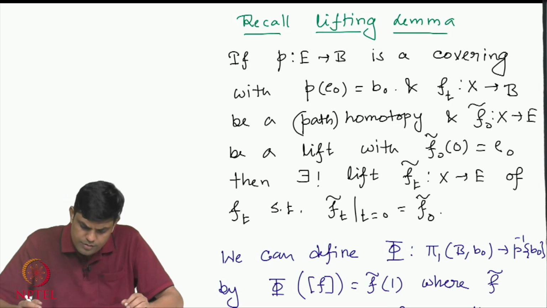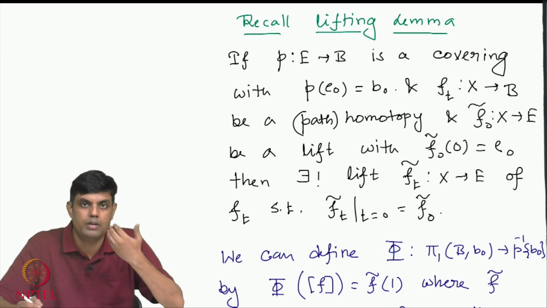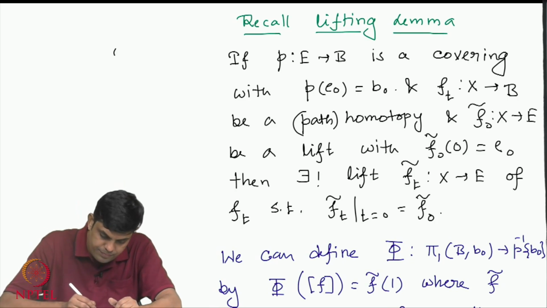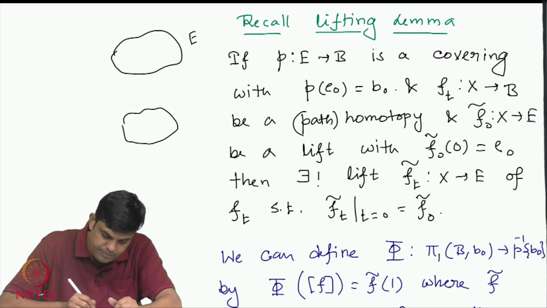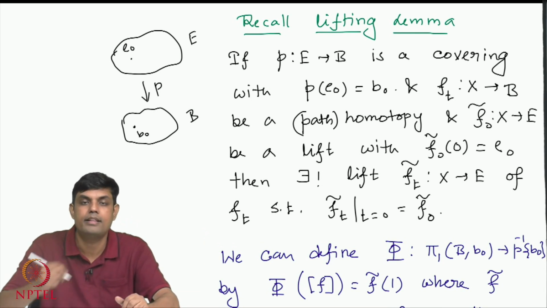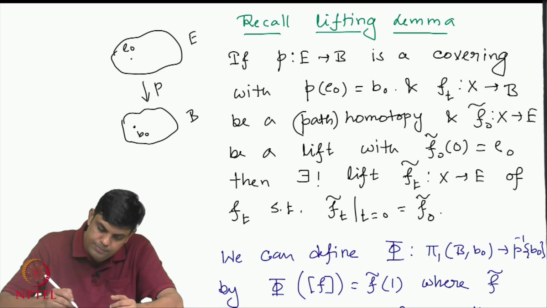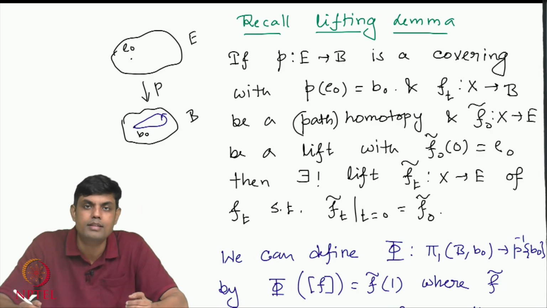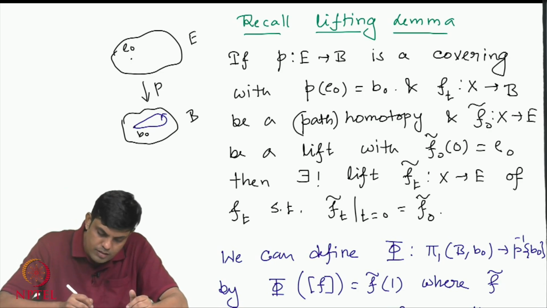Okay. So, what the lifting lemmas typically say is the following: whenever I have a covering map from E to B, with some base point here and some base point here, and whenever I have a path at the bottom starting at B0, here I am drawing a loop, but in general for any path I can get a lift which starts at E0.